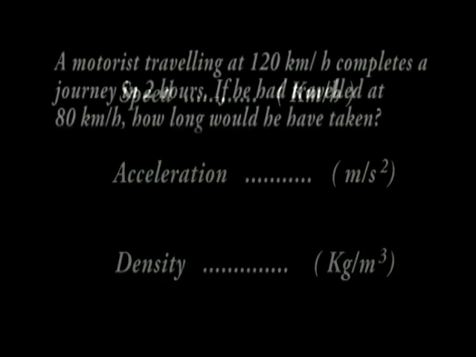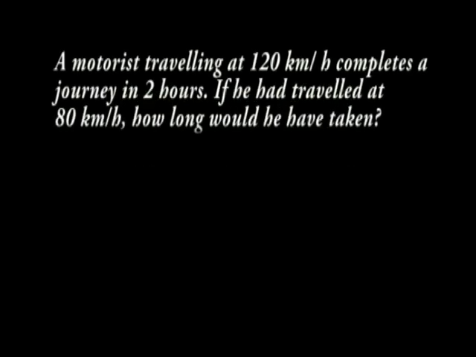For example, a motorist traveling at 120 kilometers per hour completes a journey in 2 hours. Suppose he had traveled at 80 kilometers per hour. How long would he have taken? The rate we are using is speed.